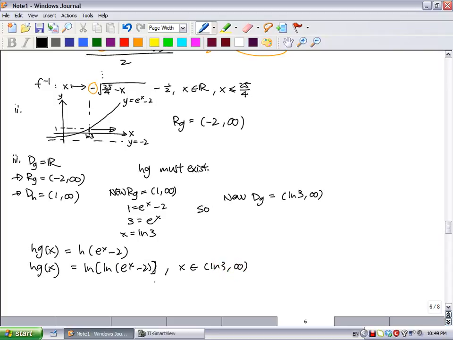You can leave it like this form because they did not say define hg in a singular form.